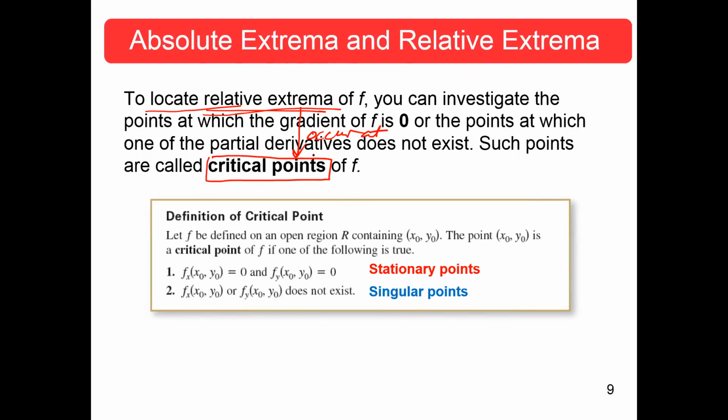There are two types of critical points. One is called a stationary point. One is called a singular point. I'll let you guys take a look at the definition of critical points. Does this bring back your memory of critical points from Calculus 1?